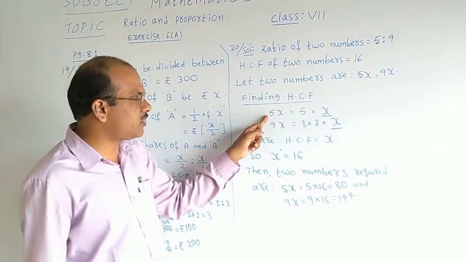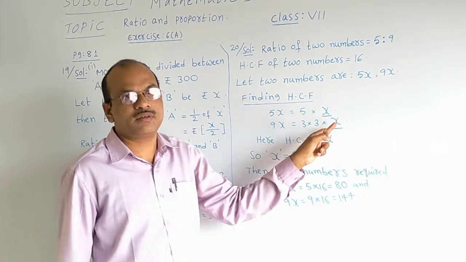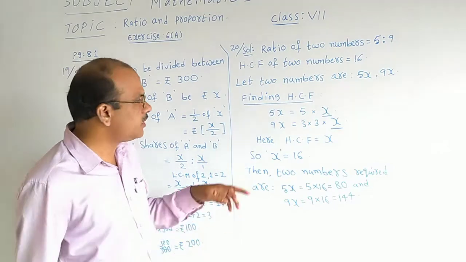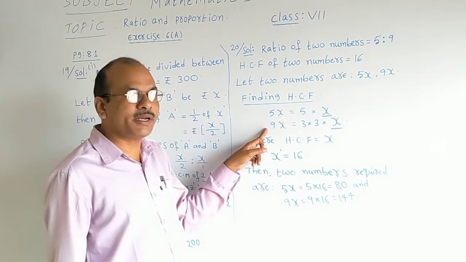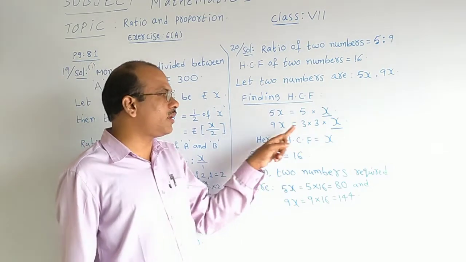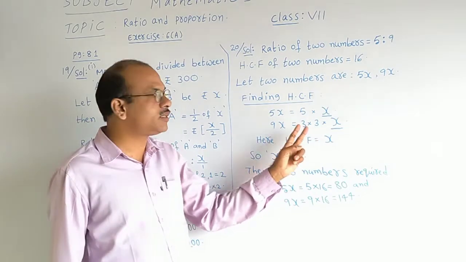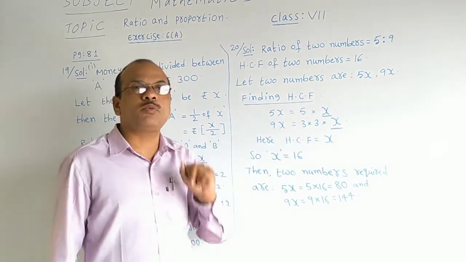So 5x is equal to 5 into x, because we need to write it as a product of prime numbers. Here 9x can be written as 3 into 3 into x. These 3 and 3 are both prime numbers, we know that, and the x part is left as it is.